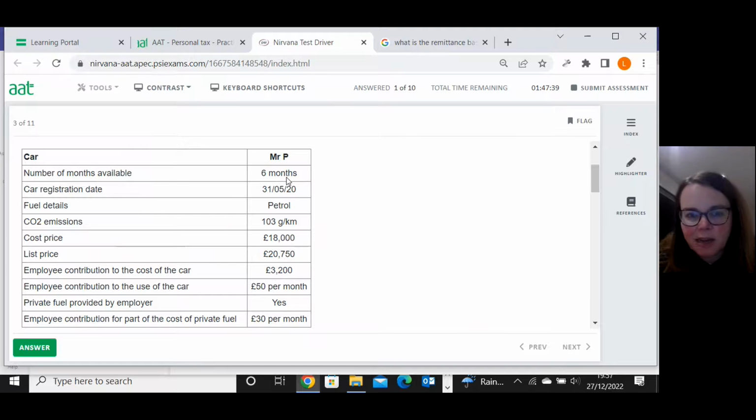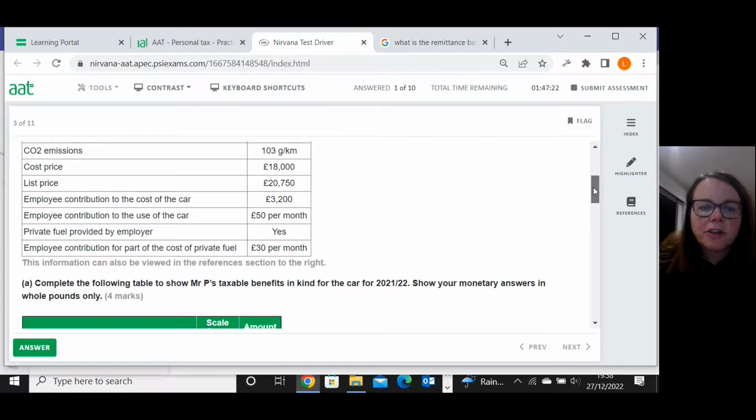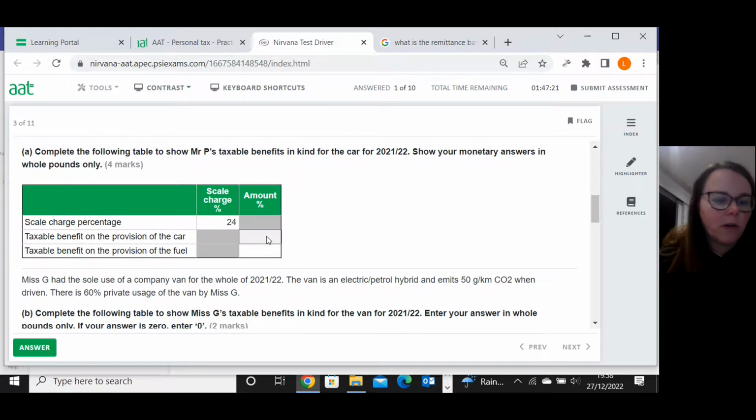Then halve it, because you only had it for 6 months of the year. And then subtract the employee contribution for the running of the car, so 50 times 6. All of that should give you an answer of 1806.